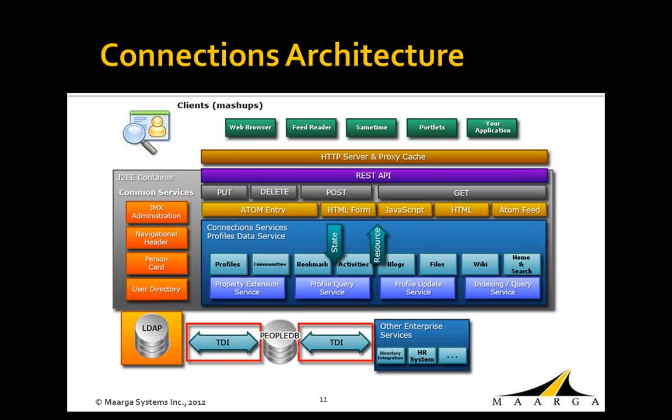In addition to these 5 technologies, you have 4 common services. They are JMS administration, navigation header, person card, and user directory. JMS administration is used to configure and manage the Connections environment. Most administration functions are done using the WebSphere wsadmin command.